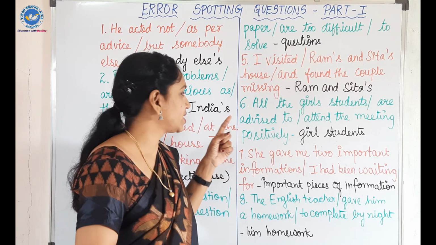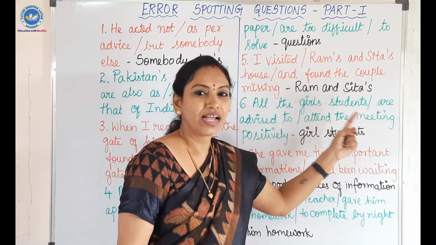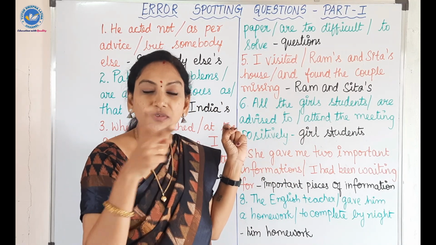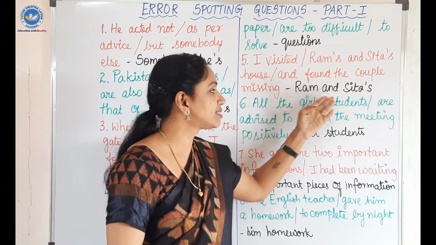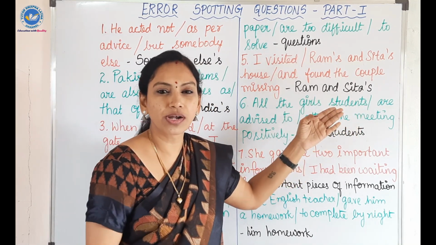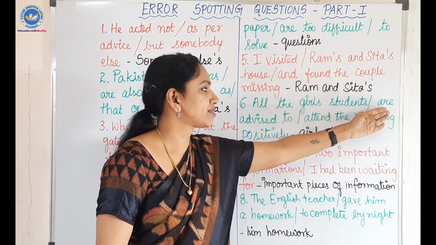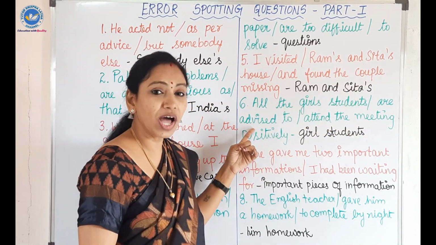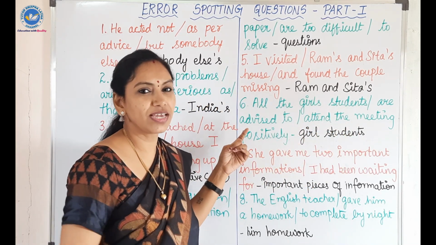Okay friends, sixth question. All the girls students. Note down, I said two nouns which come next to each other should not be plural. Girls, students, both are nouns only. Noun, again plural, plural, cannot come. Are, plural. Advised to attend the meeting positively.